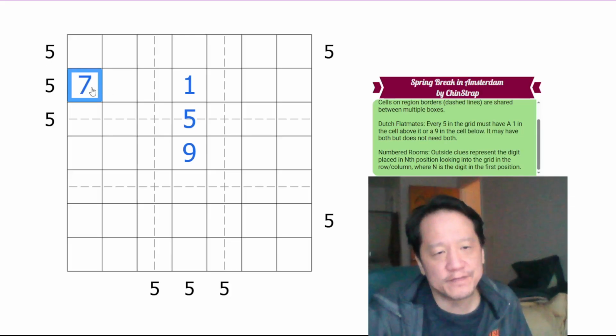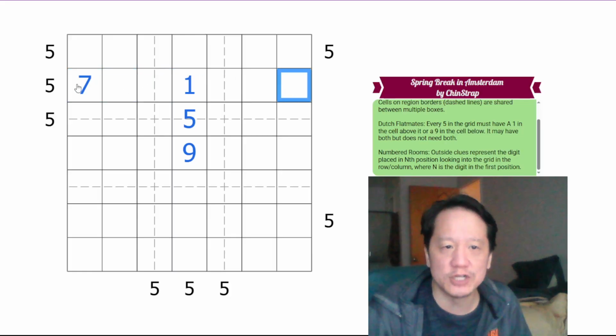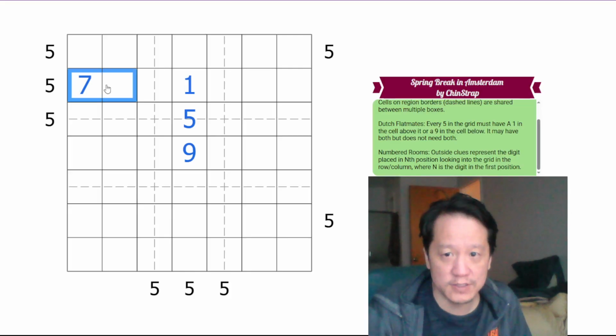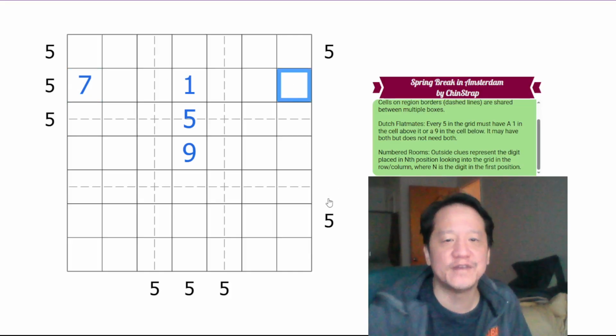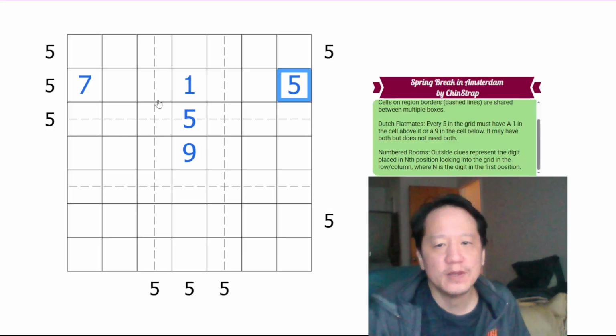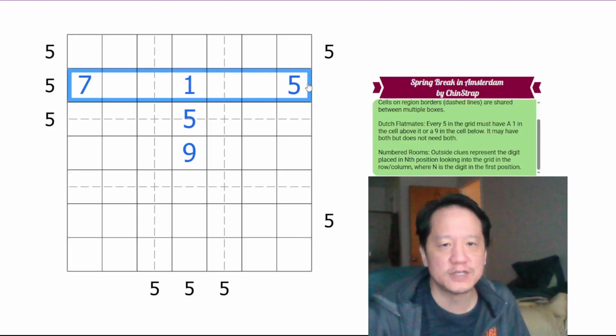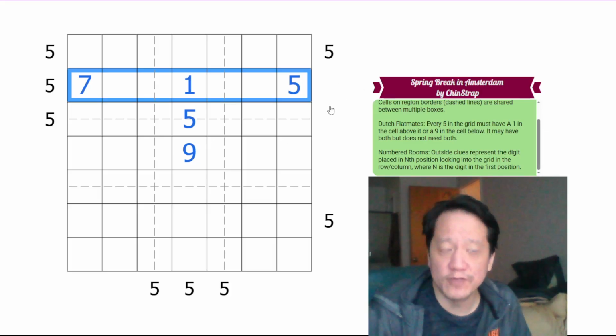That would mean a 5 in this row has to appear in the 7th position, because this is the digit in the first position. The clue outside is the digit that must be placed in the nth position, which is the 7th position here, which would be a 5. So that's an example of how numbered rooms clues work.